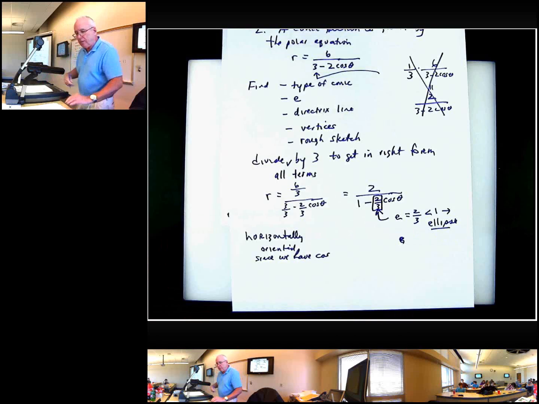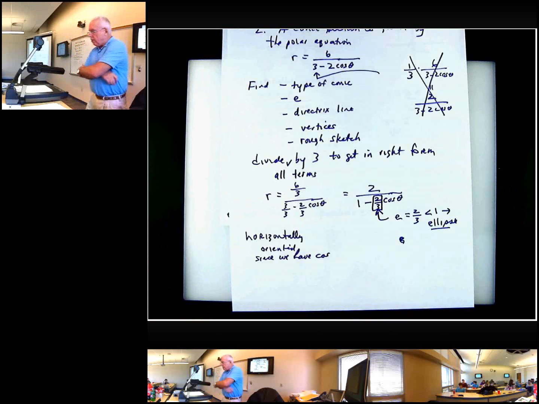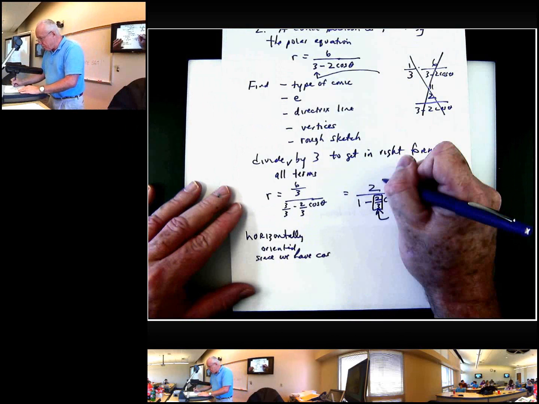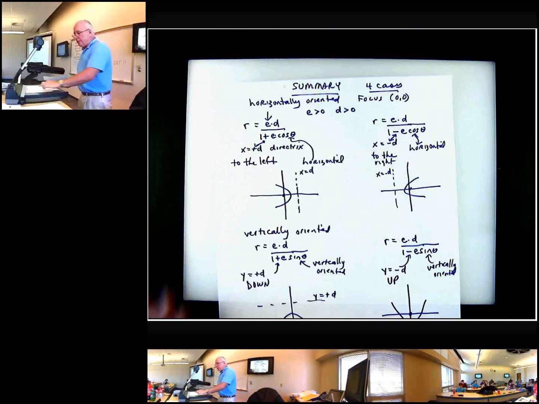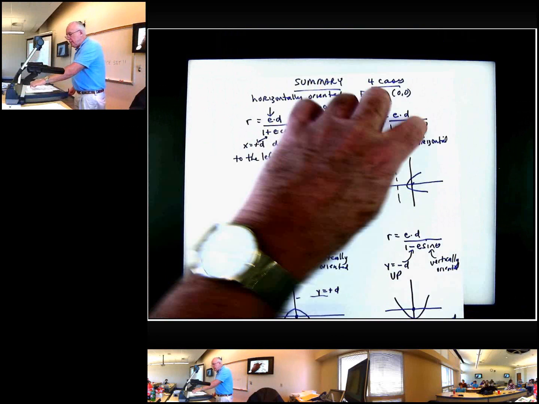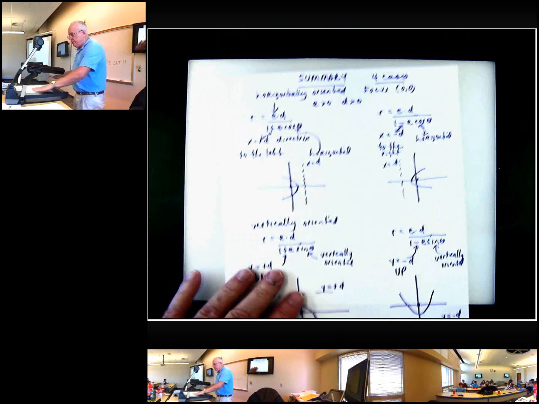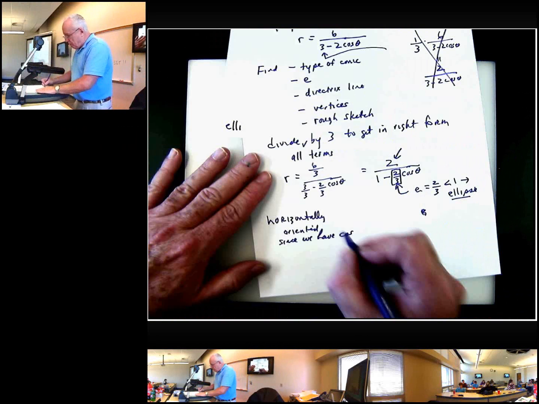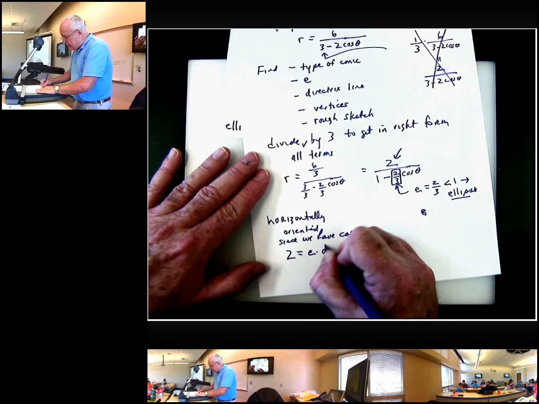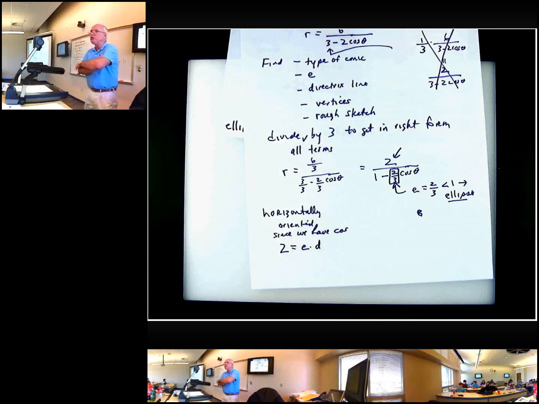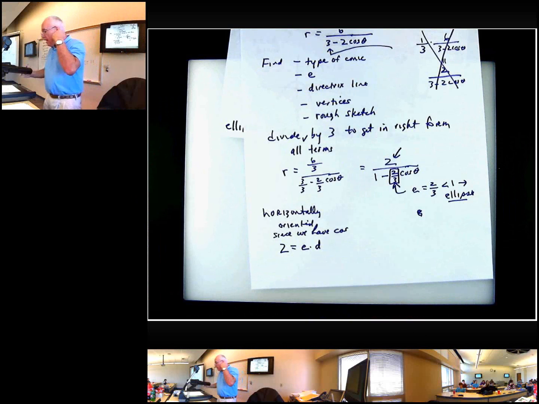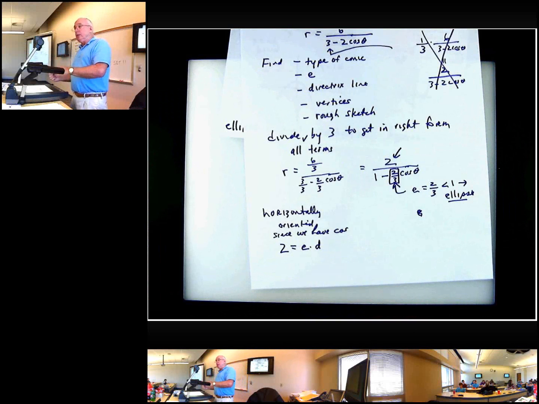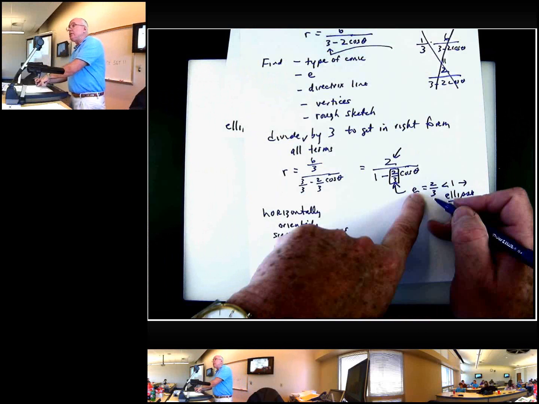Now, this number up here in the numerator, this number 2, and in all of these formulas here, the numerator is E times D. So this number 2 up there is equal to our eccentricity times the magnitude of the directrix, E times D. We now can solve for D because we know that E is equal to 2/3.